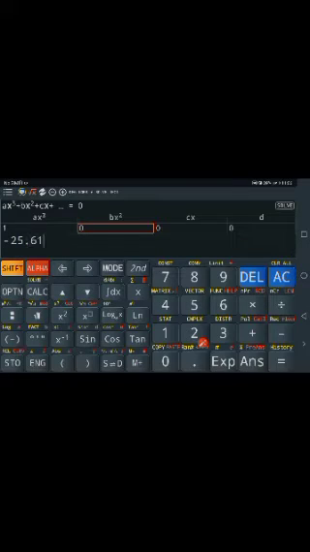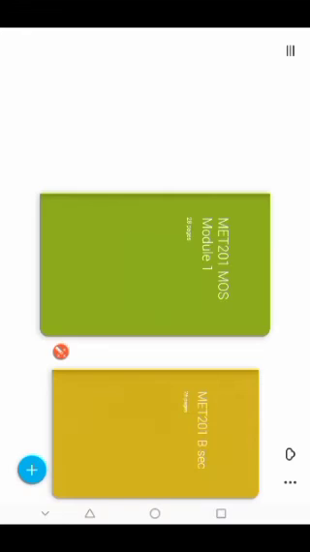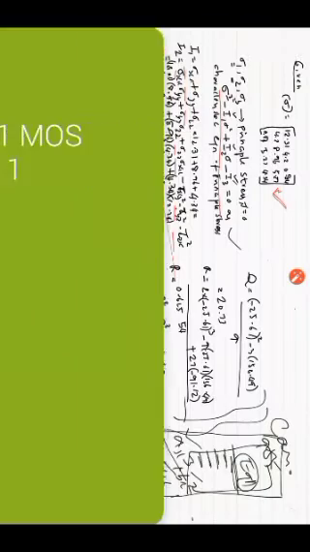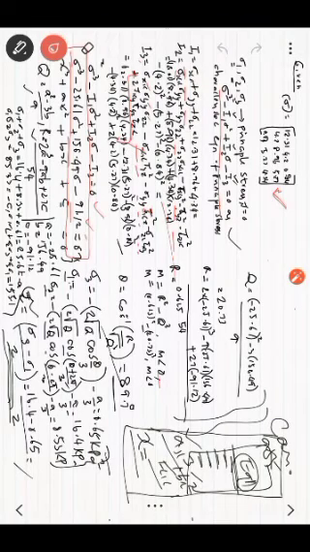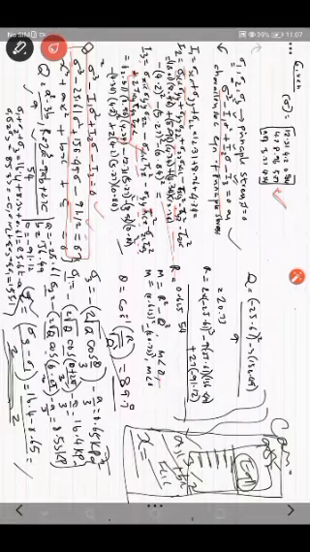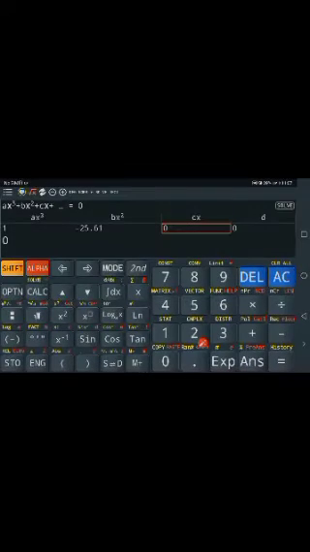That is sigma cube, equal to, then b is minus 25.61, equal to. Then this is plus 156.49, so I enter 156.49, equal to.